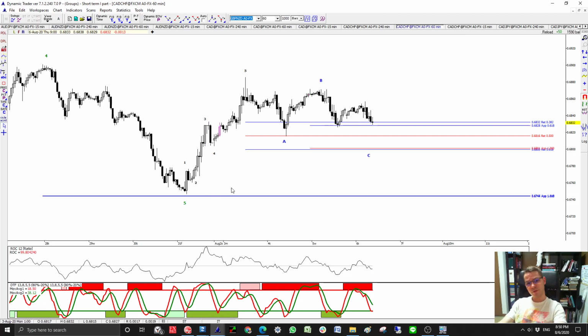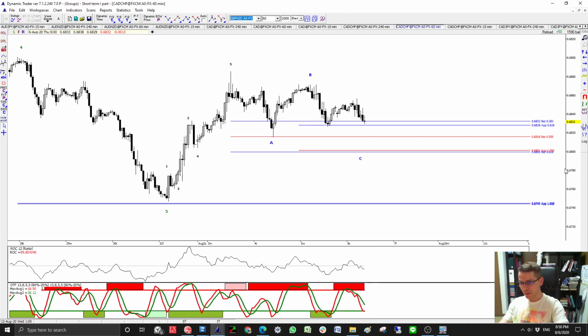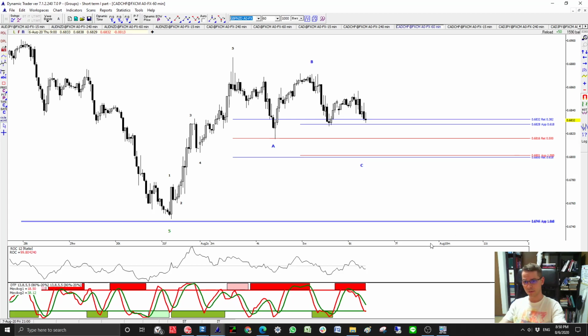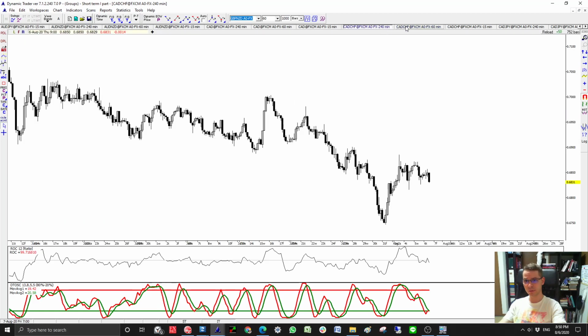Okay, CAD Swiss franc. We had a 5 wave move upwards and then a complex correction following. Might see an end here, close to 0.68. If I see a reversal happening close to this level, then I might want to consider trading it.